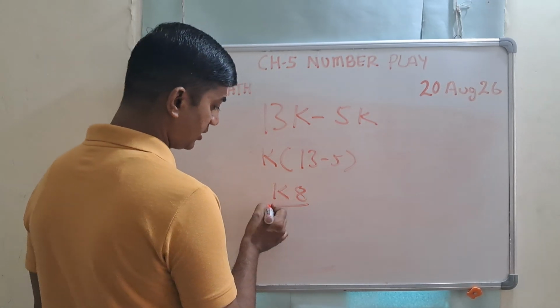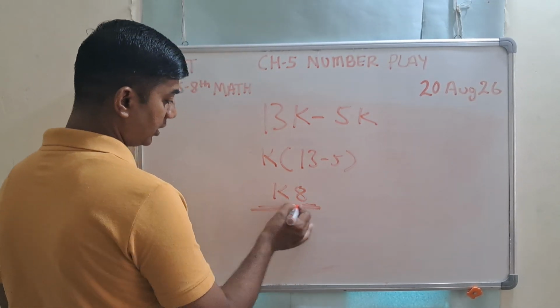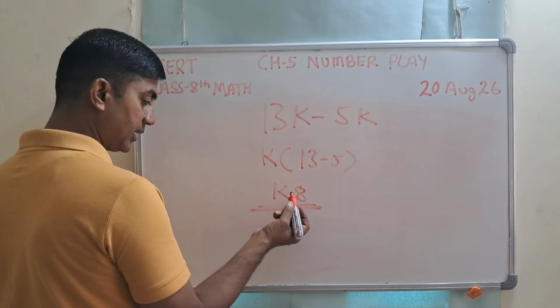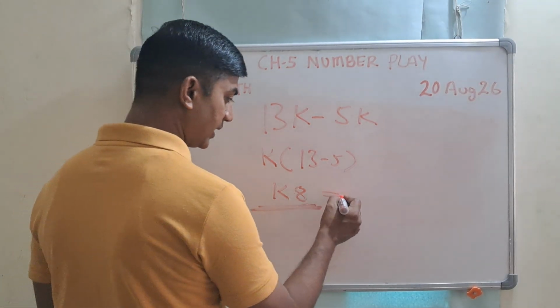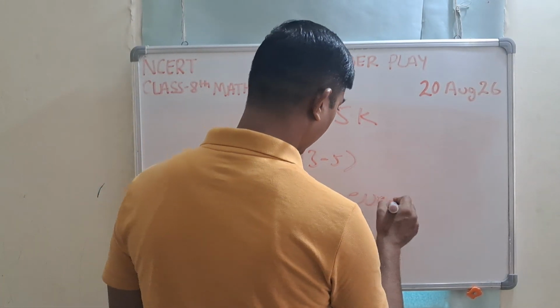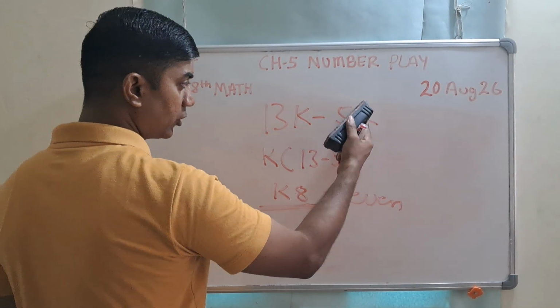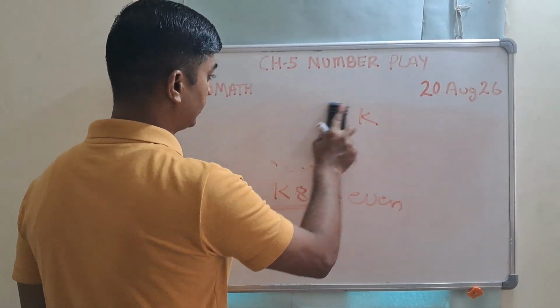When 8 is divisible by 2, and we multiply by any number, k can be any number, the result is always even. Understood? If k is different but also even, then your result will be even, that we have already seen.